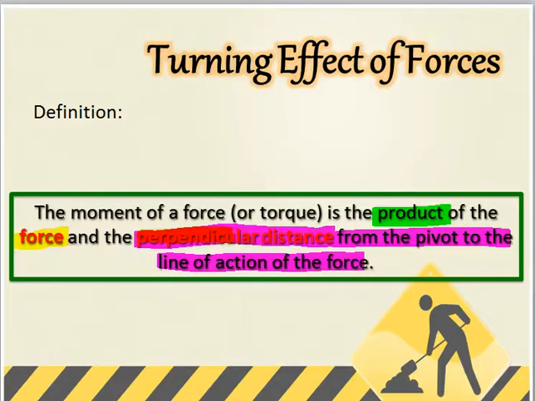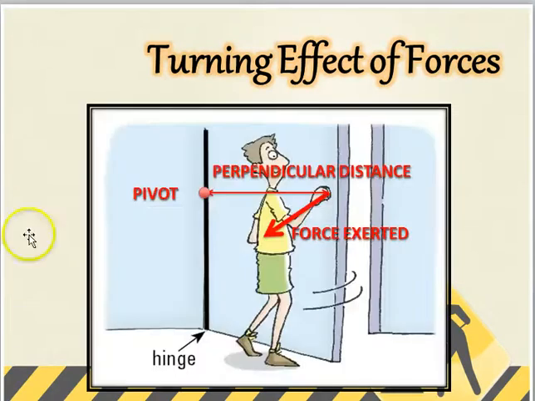So let's take a look at this. Now, this is the door. Okay, you can see here this is the hinge. The pivot is actually where the hinge is located. So the force exerted, think of it in 3D. The guy is pulling the door towards himself.